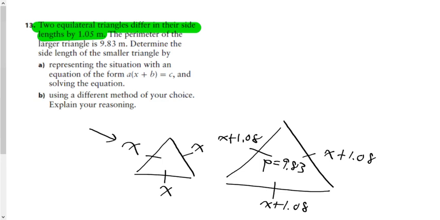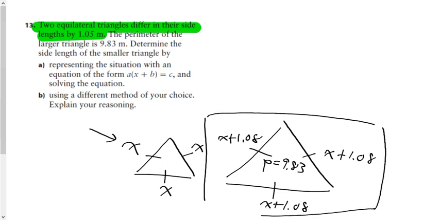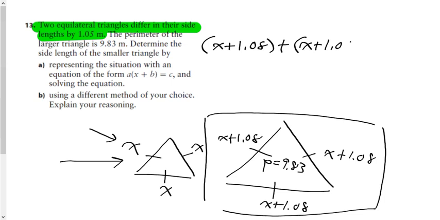So if I can create an algebraic equation from this one and solve it for x, I will then be able to tell you what the perimeter of this one is, because I will know the length of x if I solve it in the other one. And that's going to be done. Remember in the first question, I could think of it as x plus 1.05 plus x plus 1.05 plus x plus 1.05.